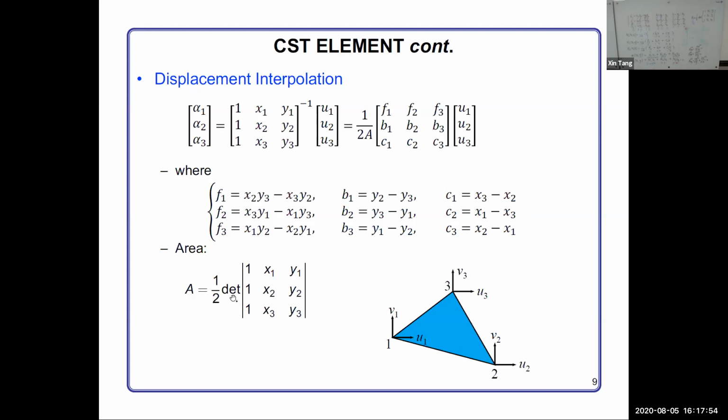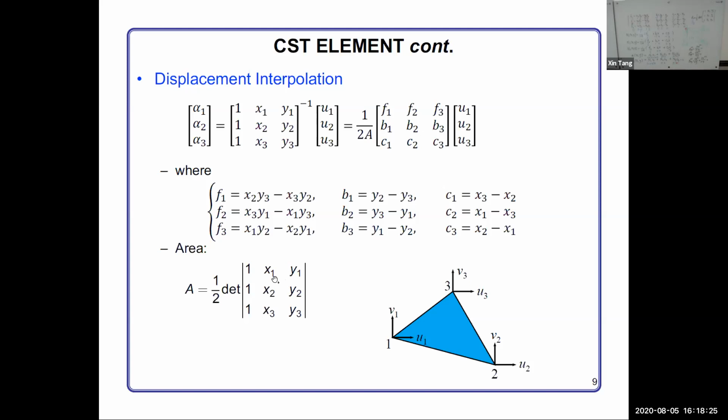The area is half of the determinant of this matrix. As we discussed already, this represents the cross product of 2 vectors. To be more precise, it is a cross product of 2 vectors dotted with a unit vector. Overall this gives you a volume, but the height of that volume equals 1.